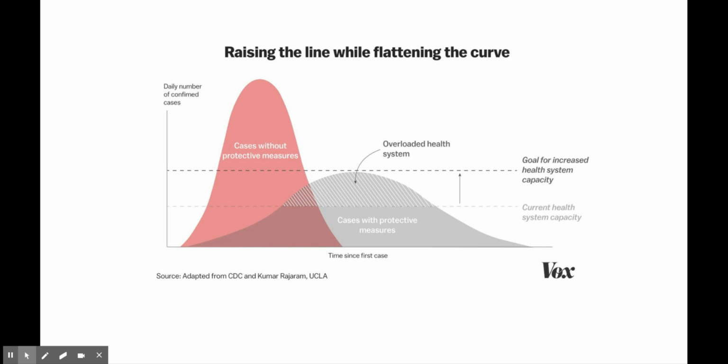What also was an issue during this time was trying to increase that capacity. So, trying to increase surge capacity while also flattening the curve.